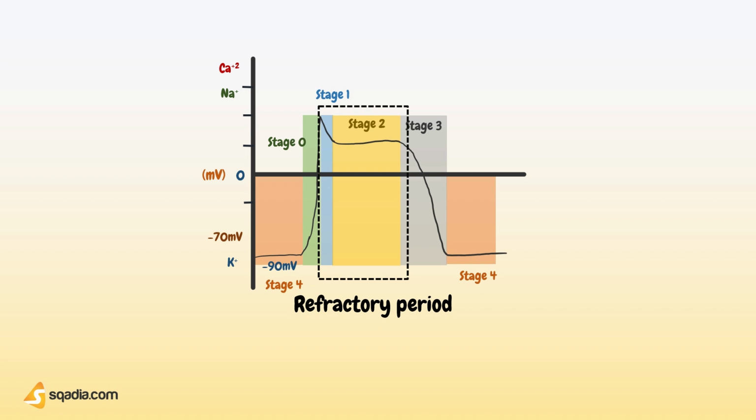Then the membrane gets repolarized again due to potassium efflux before returning back to its resting state. During this action potential, there is a time duration when no subsequent action potential can occur. Or we can say, during this time period, the excitable cells can no longer produce another action potential.